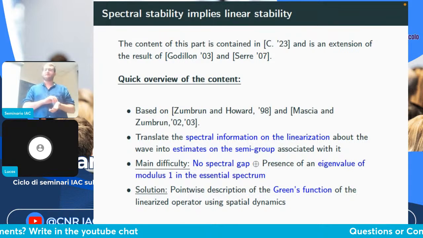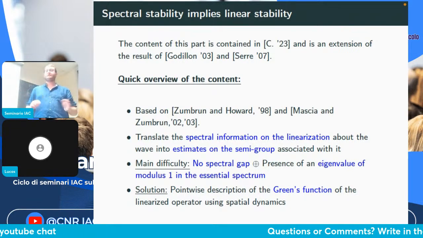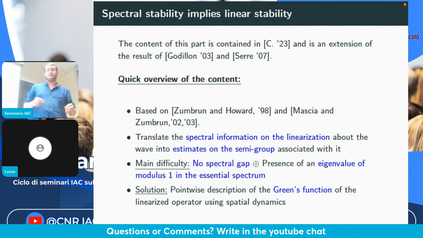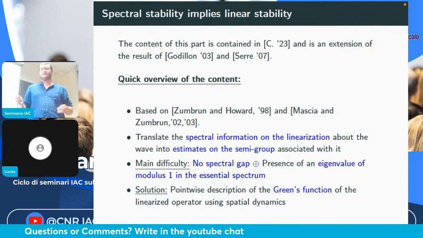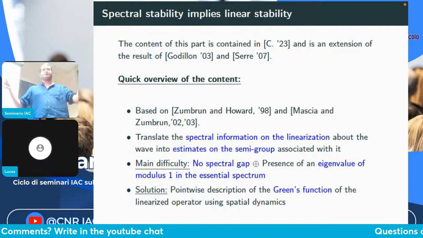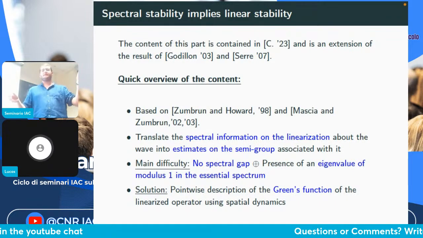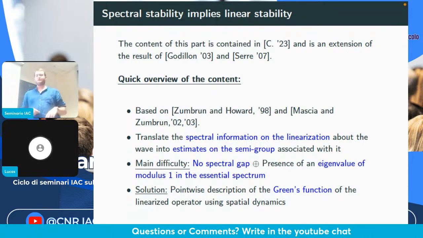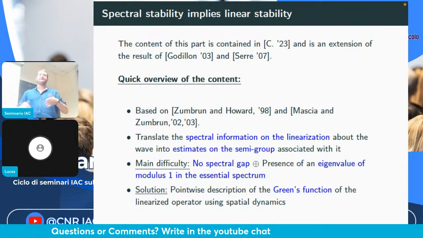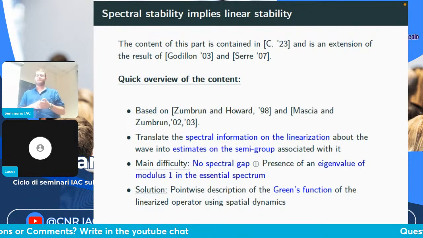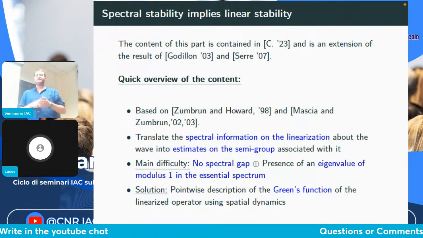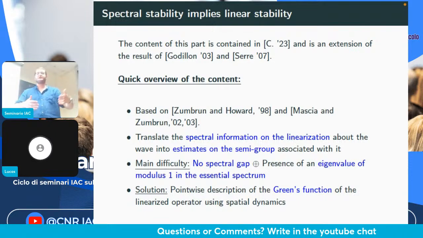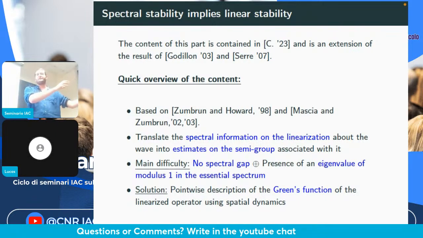In this part of the presentation, we present the content of a paper that I deposited on arXiv last year, but is an extension of results that were proved by Pauline Lafitte and Denis in 2003 and 2007. So just to give a quick overview, as I said, it's based on works by Zumbrun, Howard, and Macia. The idea is that you will have some spectral information on your linear operator, which you want to translate into estimates on the semigroup.